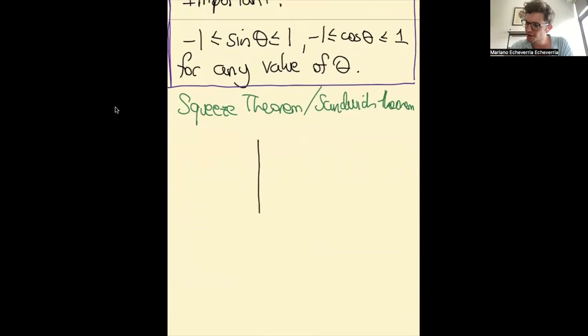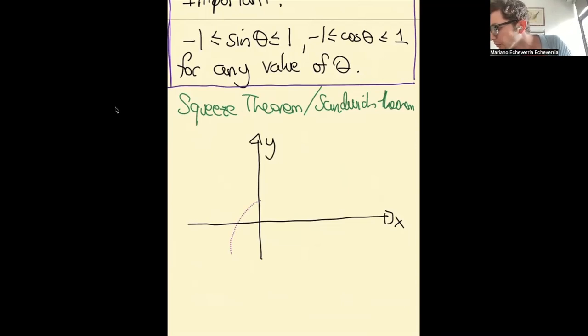You'll see why it's called that in a moment. So the idea is that let's say you had three functions, f, g, and h.